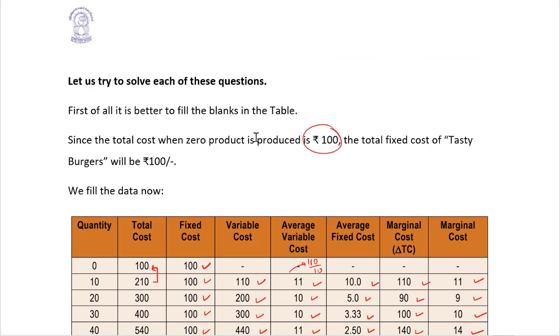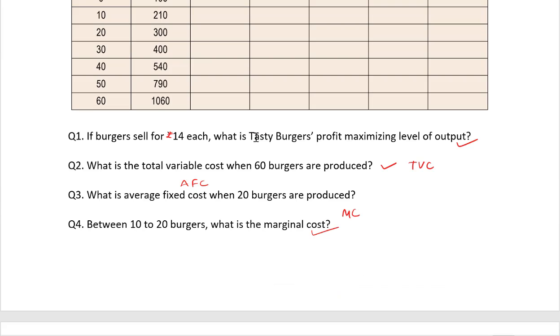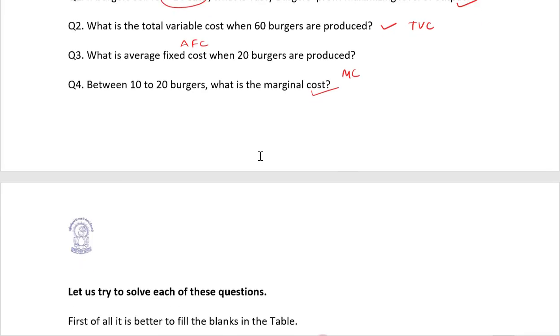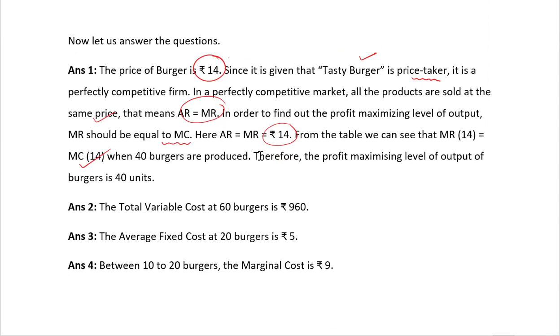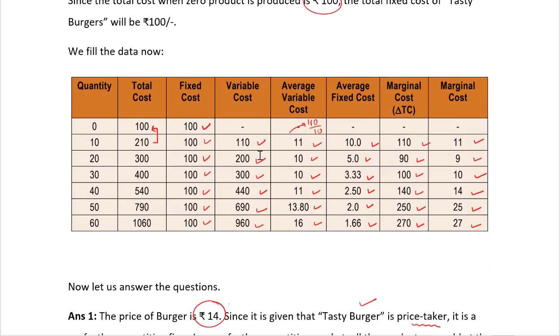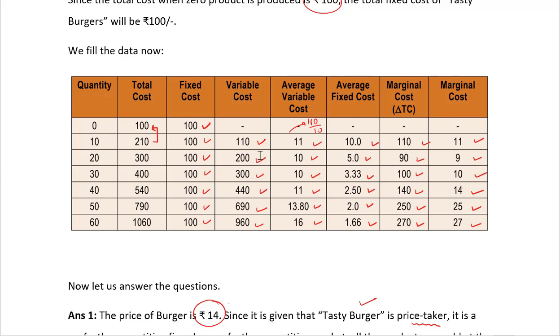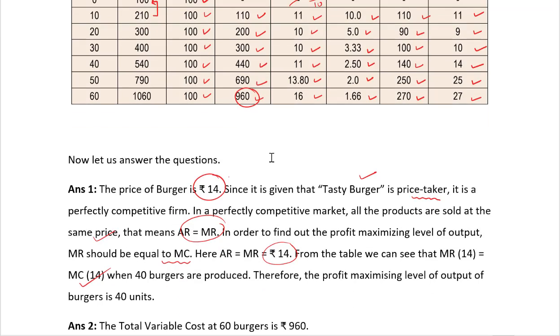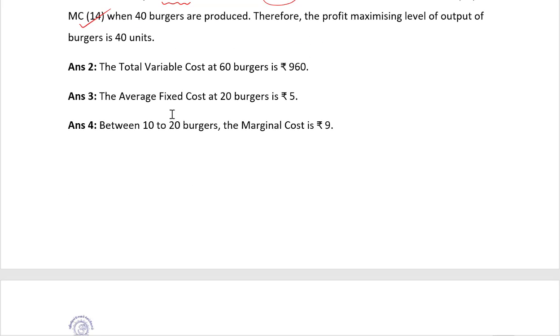So if the burger is priced at 14 each, the output would be 40 units. Let's see question number 2 now. The total variable cost at 60 burgers. So at 60 burgers over here, the total variable cost would be 960. Average fixed cost at 20 burgers.